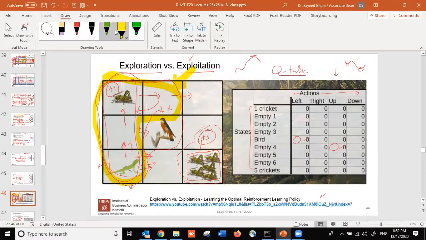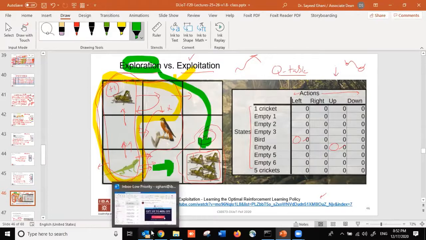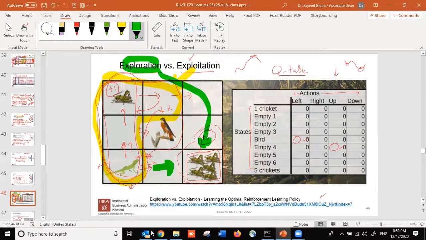Exploration, on the other hand, is basically saying that we're not going to just stick with the nice, comfortable region that we are in, but we're actually going to explore, okay? We're going to go in different directions. And the question is, when you're trying to update your Q values, do you do exploration or do you do exploitation?